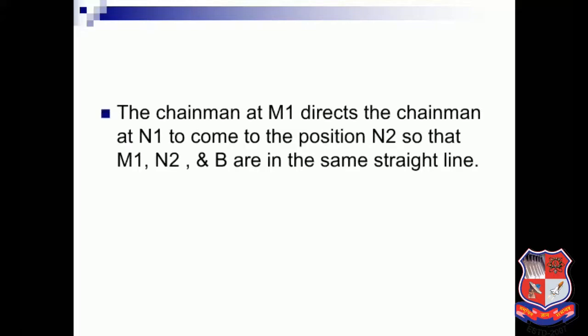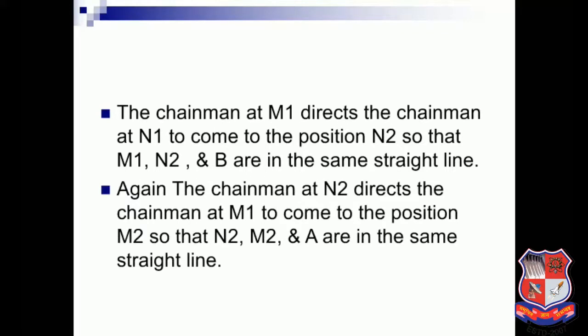The chainman at M1 directs the chainman at N1 to move to position N2 so that M1, N2 and B are in the same straight line. Again, the same thing happens when the chainman at N2 directs the chainman at M1 to come to position M2 so that N2, M2 and A are in the same straight line.